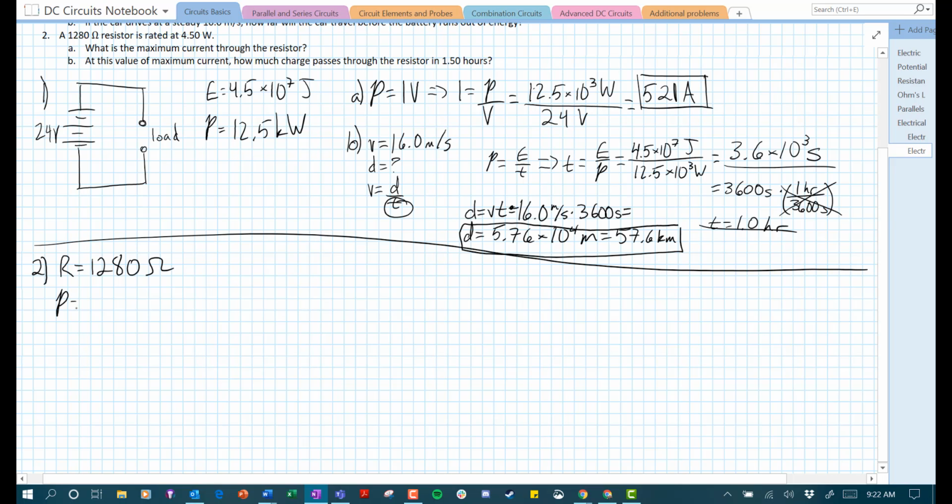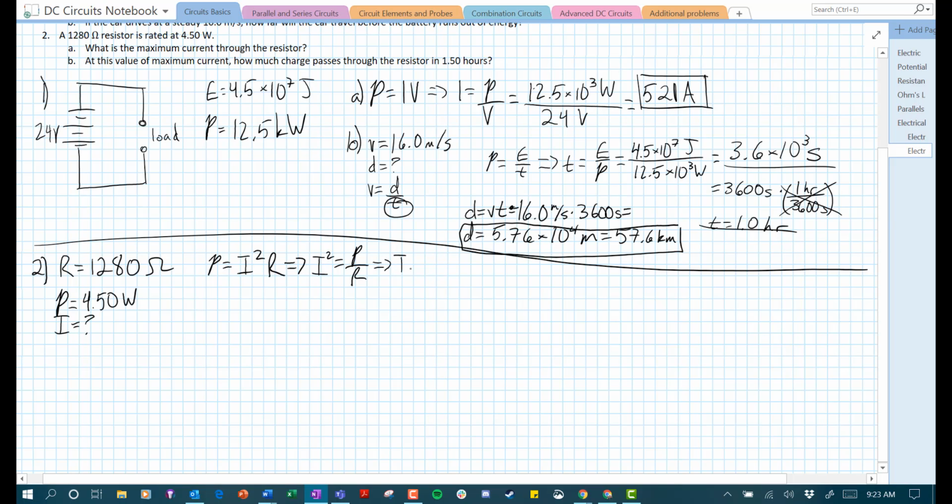Our power rating is 4.50 watts. And we want to find our maximum current, I. Well, we have an equation for power in terms of I and R. We know power is equal to I squared times R. So if we solve that for I, we get I squared is power over resistance.